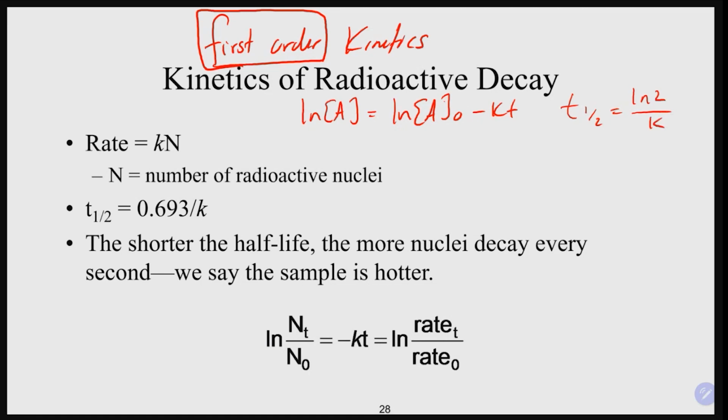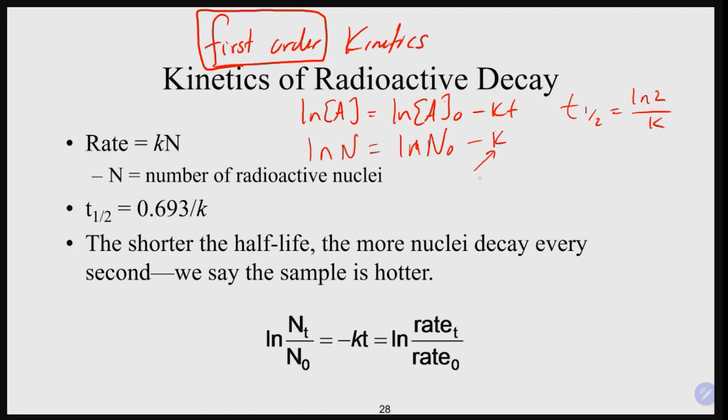In here, they will use some different symbols sometimes, like you can see on the bottom there. They'll use N for nuclide instead of concentration. They will also sometimes use K, and sometimes the lambda symbol for the decay constant.